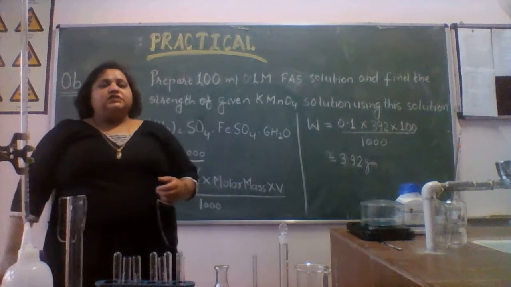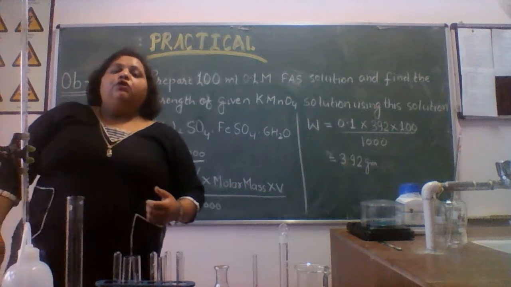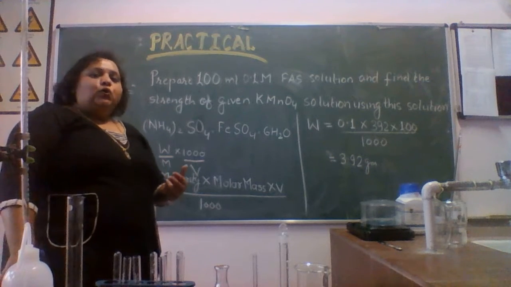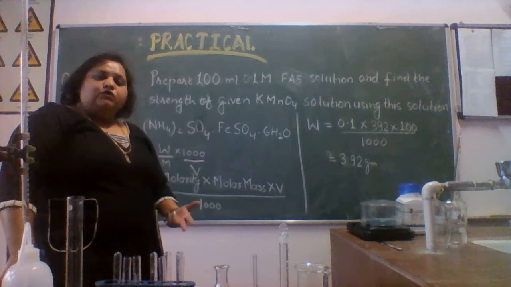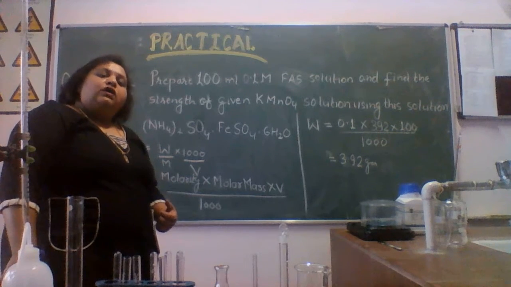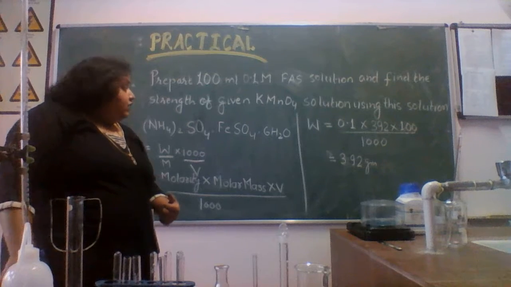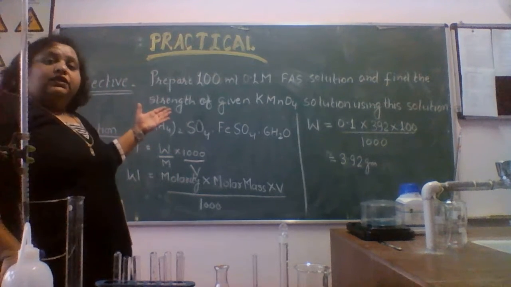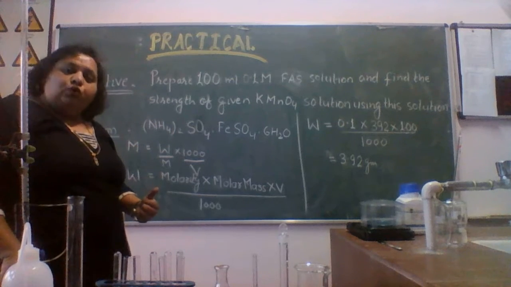Here students, I just want to introduce you to the terminology that we use. Here 2 solutions are used. One is called the standard solution and the other is called the unknown solution. The solution that we prepare, the concentration of that is known to you.